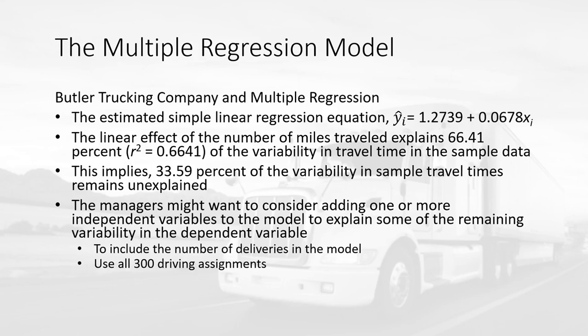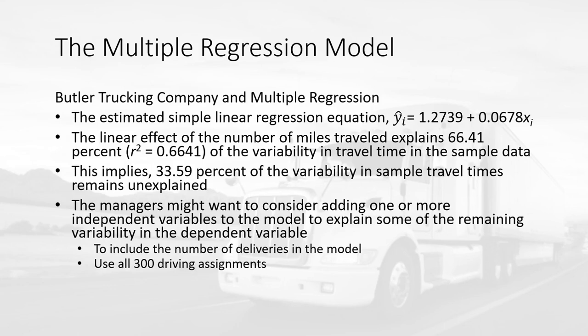So let's go back to our Butler Trucking Company example. In our previous discussions, we calculated that the simple linear regression equation was going to be 1.2739 plus 0.0678 x1.